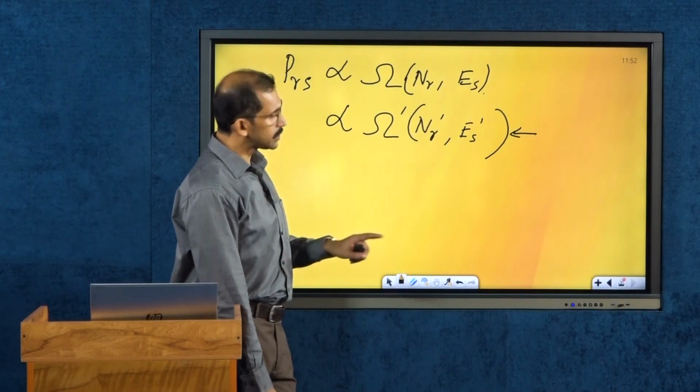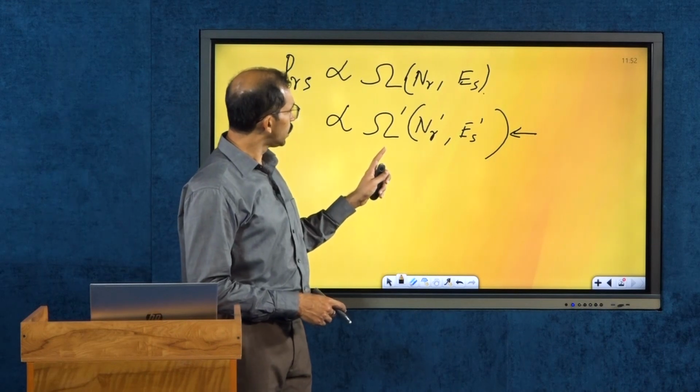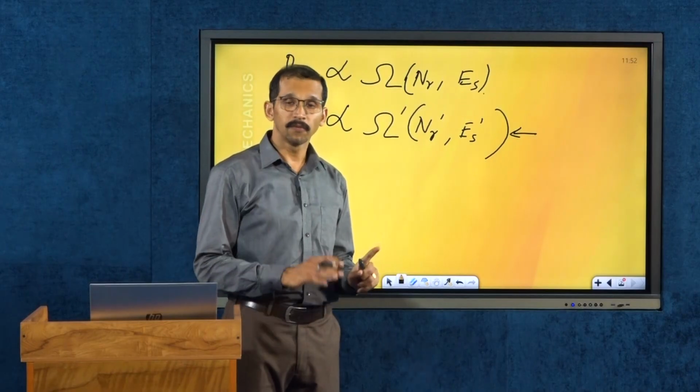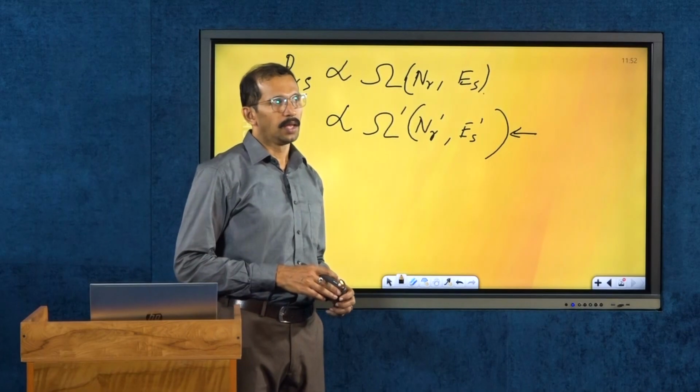Now the next thing to assume is that this omega dash N_R' E_S' will be a fast varying, or rapidly varying, function.